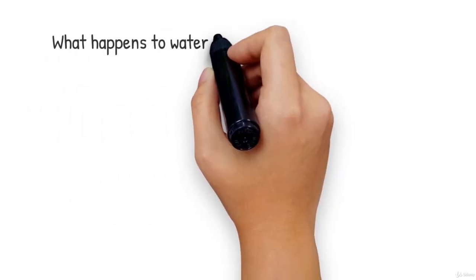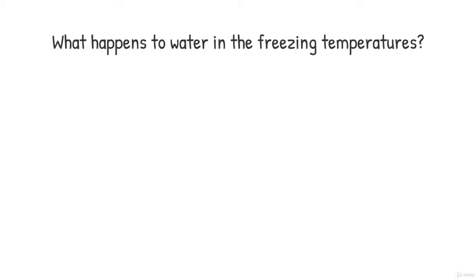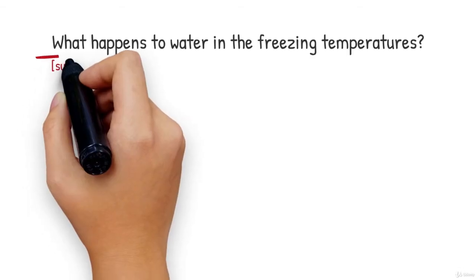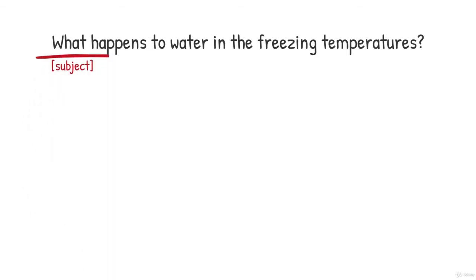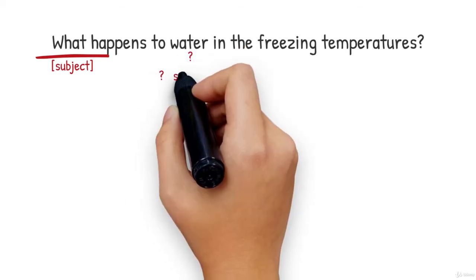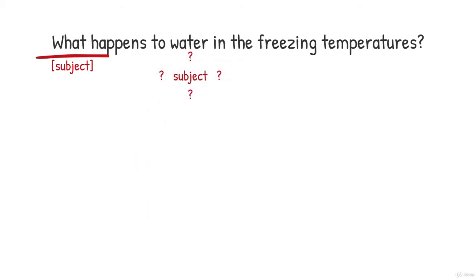Okay, another example. What happens to water in the freezing temperatures? Here, the subject is what. A lot of people make a mistake thinking that water is the subject. So let's check. The predicate is happens.